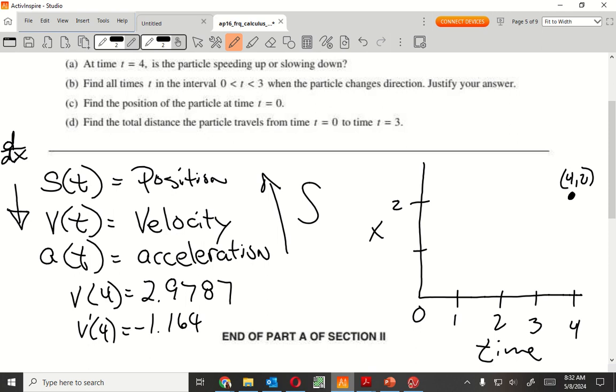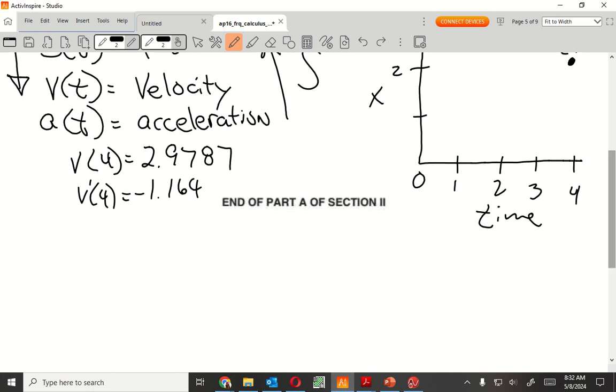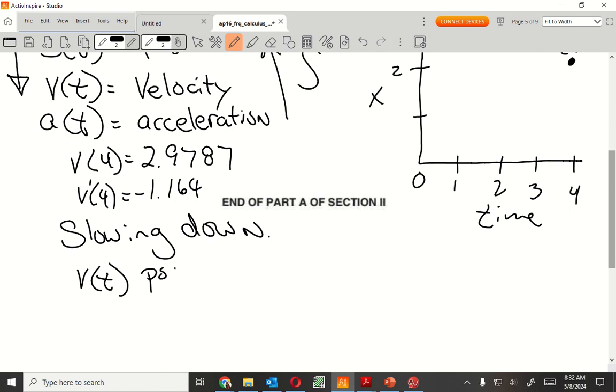So right here, at time, is the particle speeding up or slowing down? This particle is going to be slowing down. For my reasoning, v of t is positive, and v prime of t is negative.